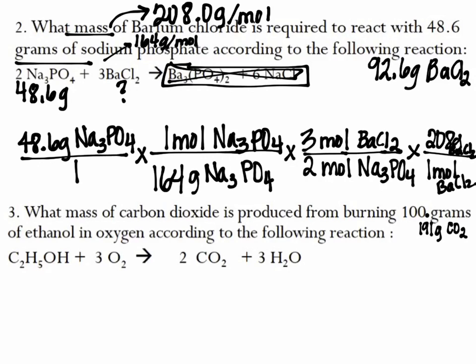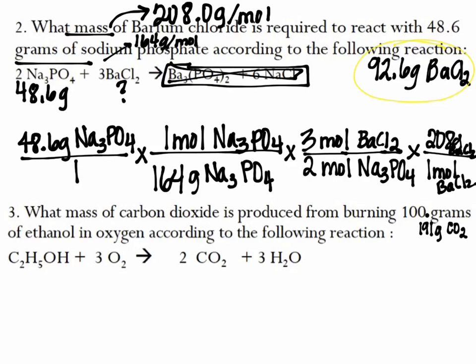Do the math, punch it in the calculator, and you should get 92.6 grams. 92.8 is fine. If it's close, it's fine. If you're doing a multiple choice test or quiz, then you find the one that's closest to your answer.